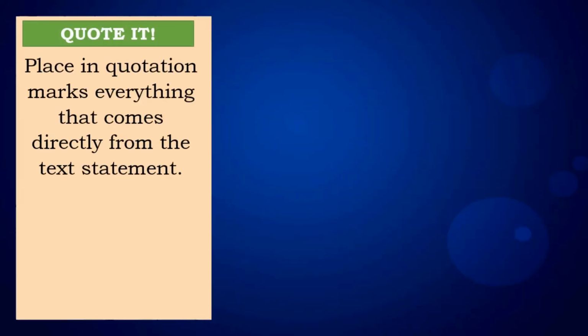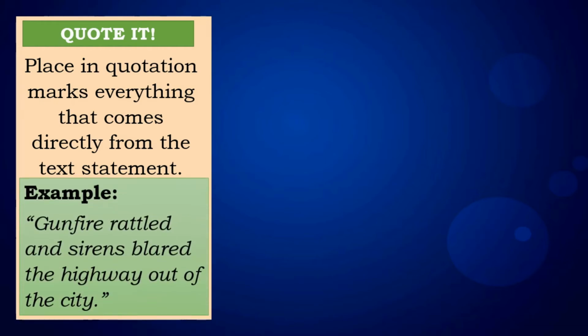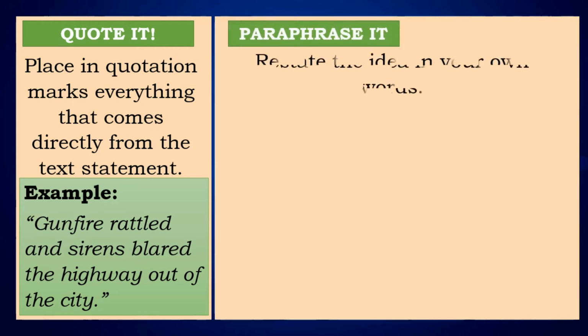First, quote it. Place in quotation marks everything that comes directly from the text statement, just like the example given on your screen. Next, you can paraphrase it. Restate the idea in your own words.